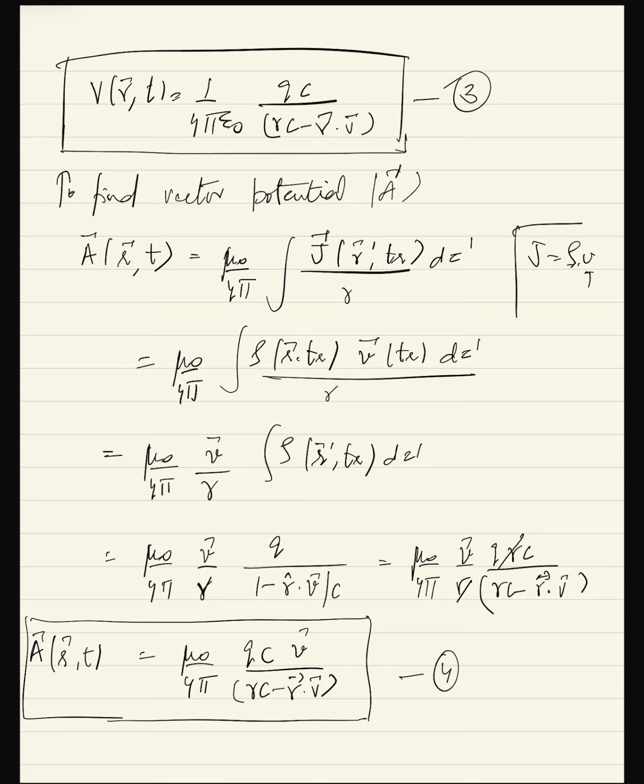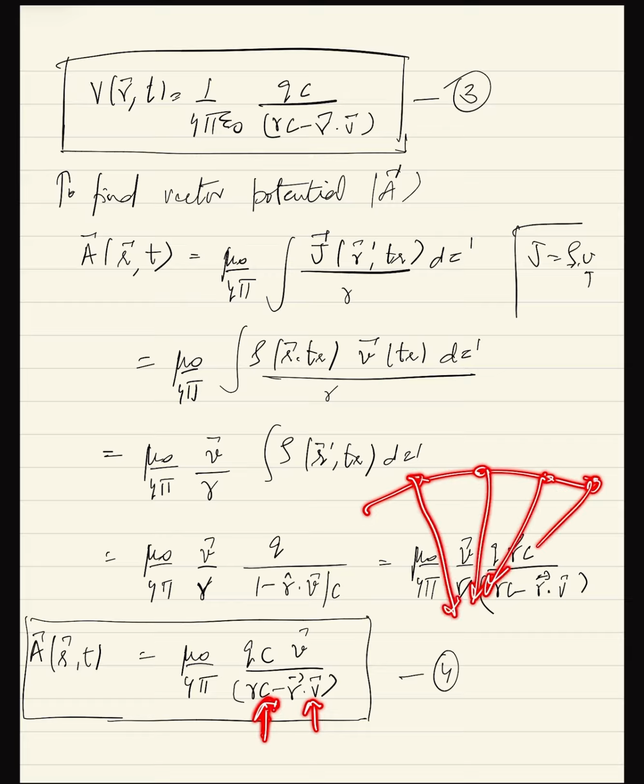So if you compare these potentials with the initial potentials, you will note that we have an extra thing, which is r, and now this r is equal to r minus w(tr), and you have two velocities. v is the velocity by which the charged particle or the charge distribution is moving on some trajectory, and c is the speed of the signal which is coming from the charge distribution to the observation point, right?